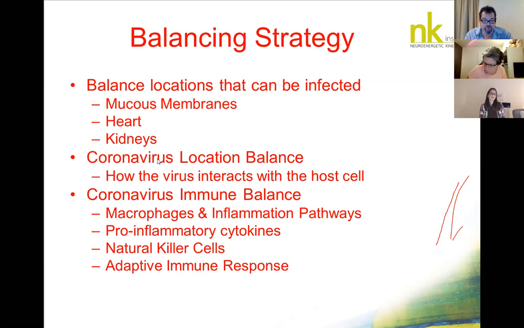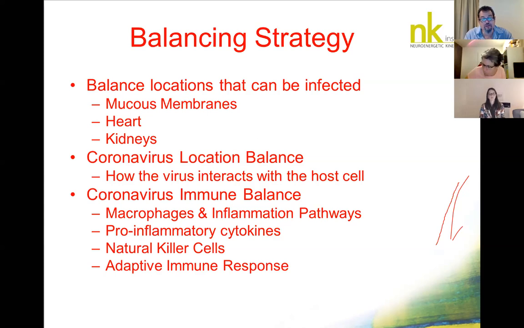We can then work with how the virus interacts with the host cells, like with the enzymes and proteins and RNA and all this kind of thing.